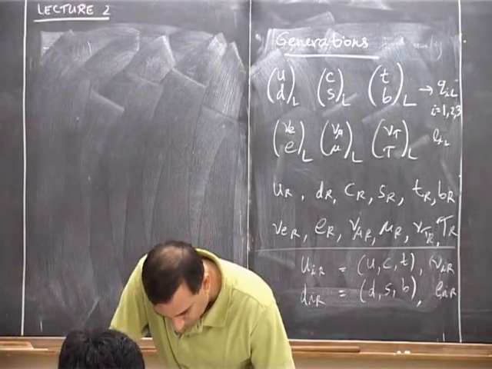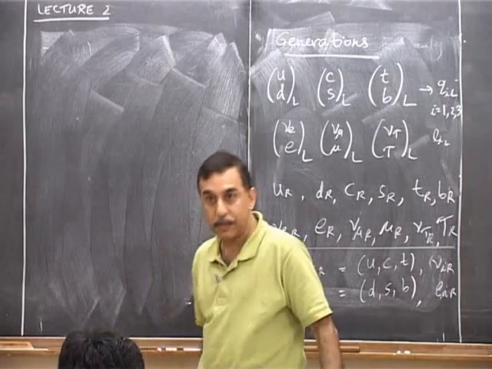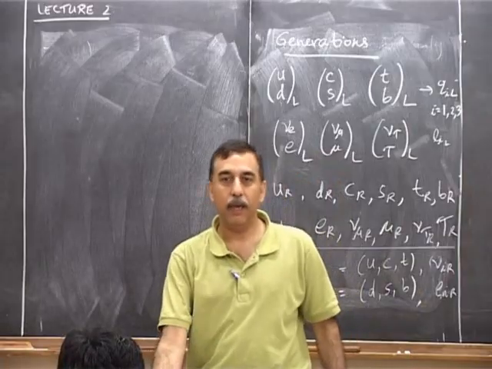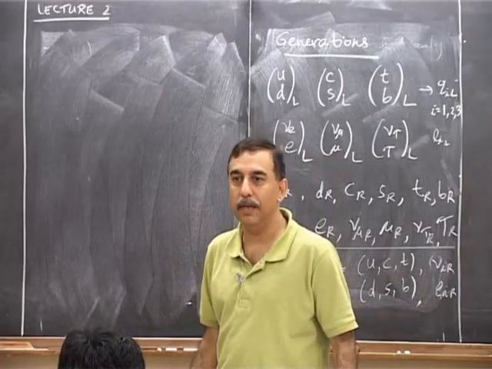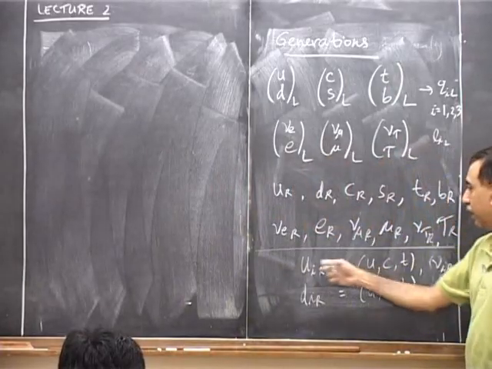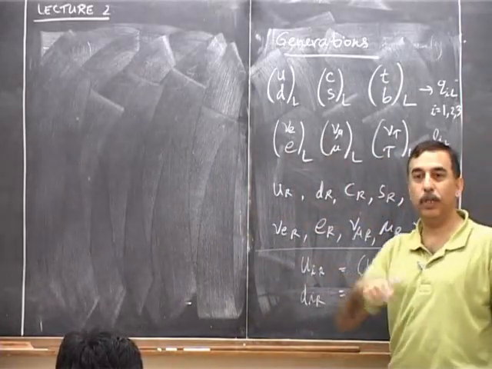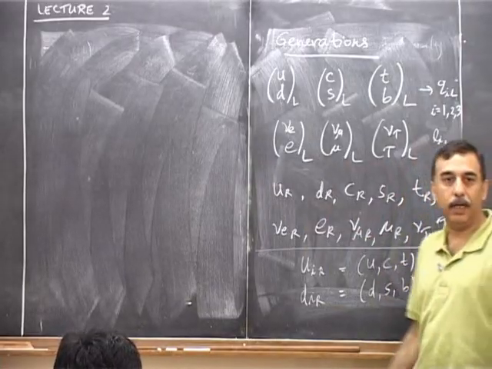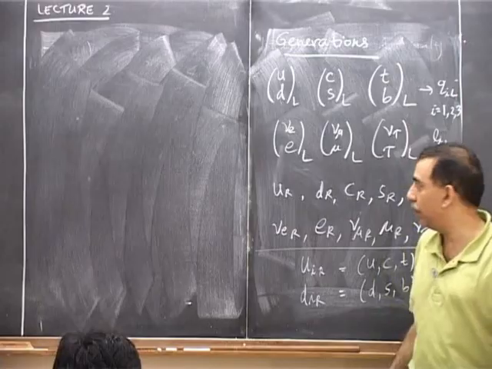Good. Now that we have the generations, we notice that nothing in all the consistency or symmetries of this theory prevents us from writing extremely general mass terms. We are not obliged to write mass terms which only connect the U left to the U right. In fact, the U left can be connected to C right and T right as well, and it's perfectly natural.